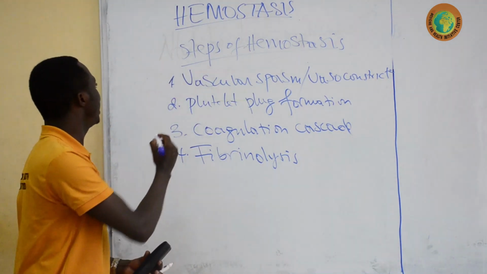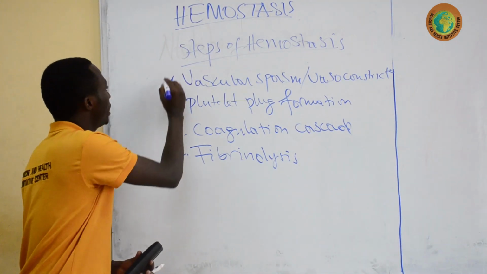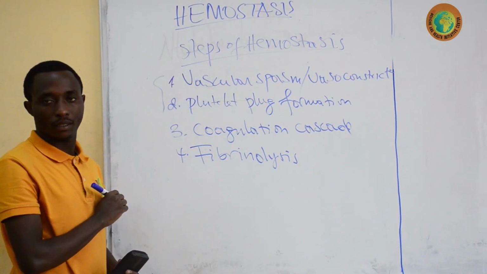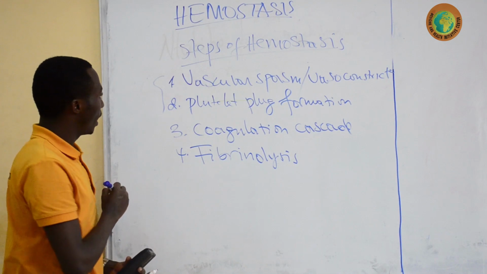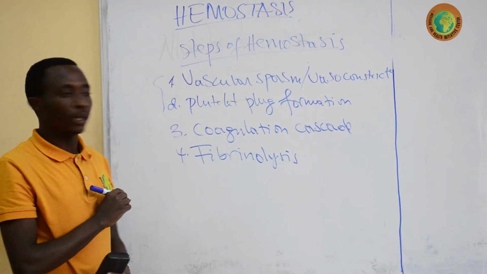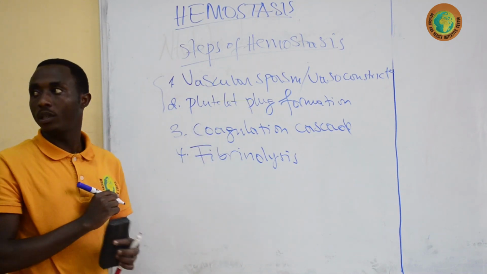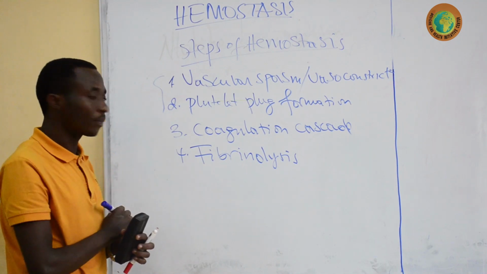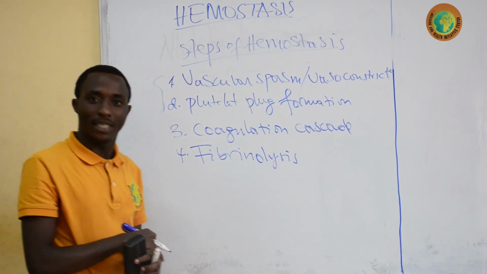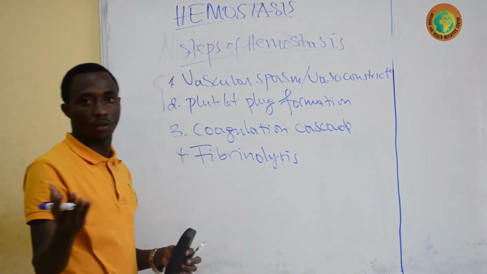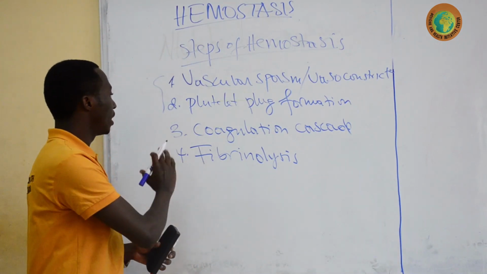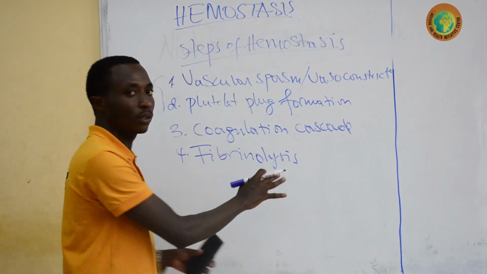We have already discussed the first two points. Now let us go on with the third step, which is the coagulation cascade. Friends, I need your attention, because many things are going to be discussed on this topic.